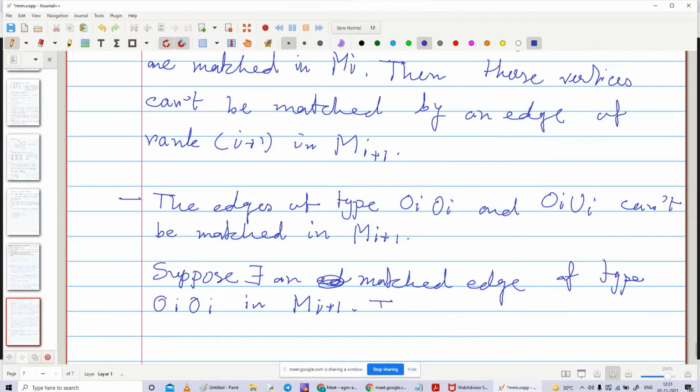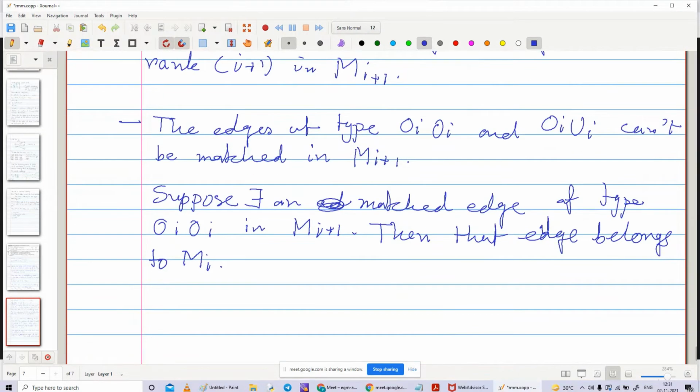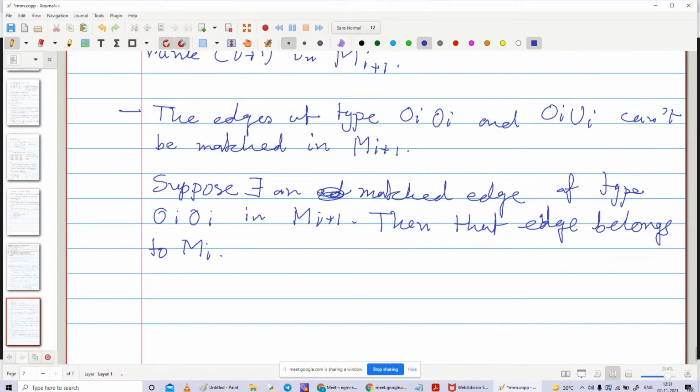Then that edge belongs to Mi also, because of the definition of Mi: both endpoints of this edge are of rank i, so this edge will be present in the graph.